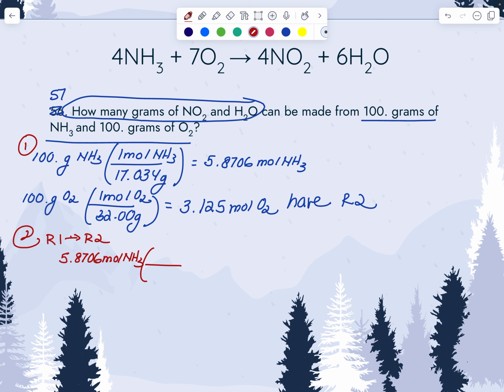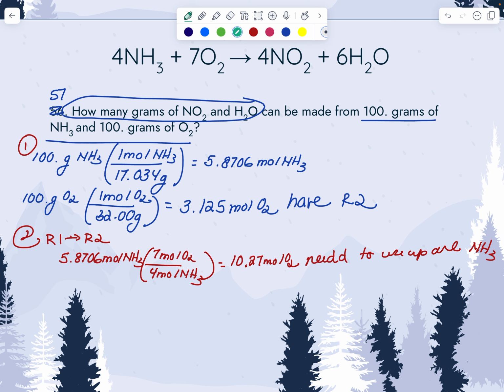And according to the balanced chemical equation, 4 moles of ammonia will take 7 moles of oxygen to use up. I put that in my calculator. That tells me 10.27 moles of oxygen needed to use up all my ammonia.